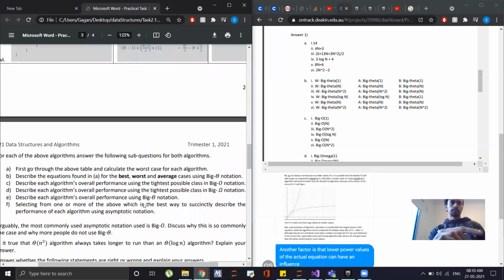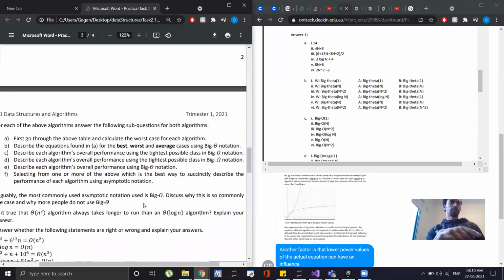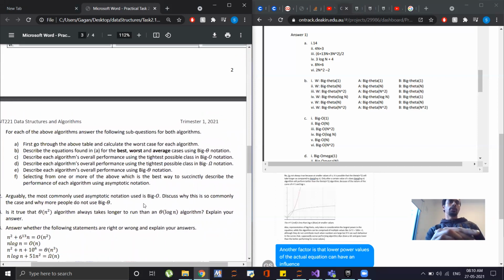Next question. Describe each algorithm's overall performance using the tightest possible big O notation. Big O notation is the upper bound of our algorithm. So our algorithm will never perform worse than the upper bound.